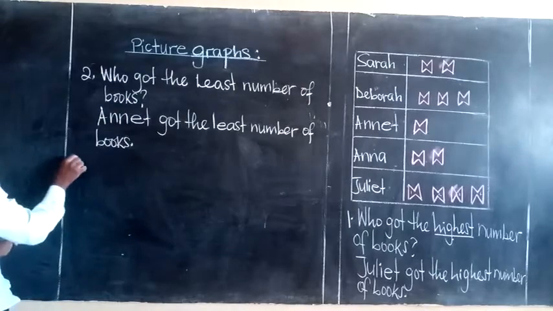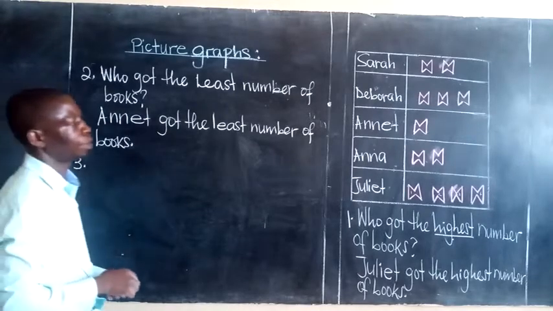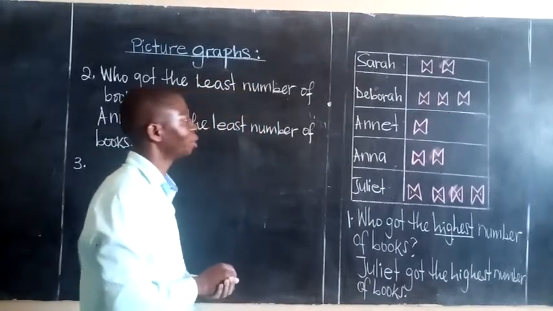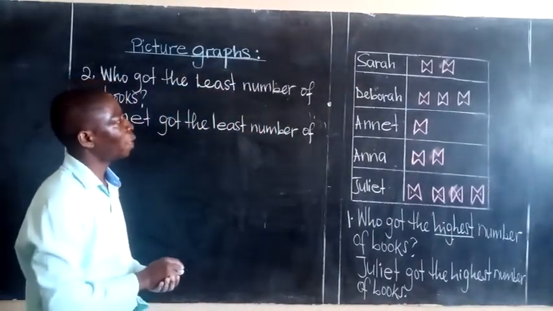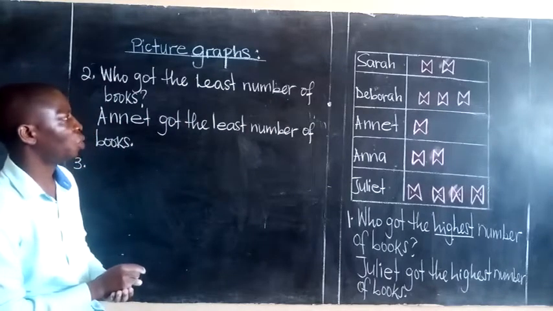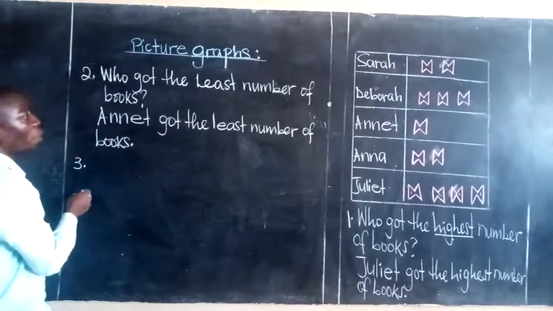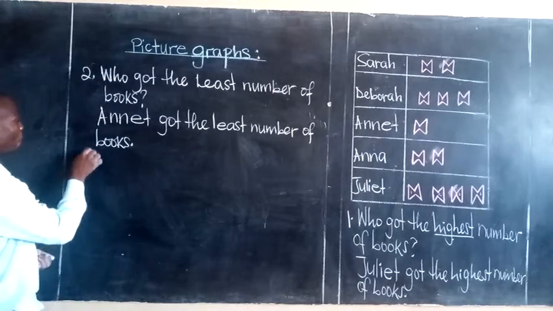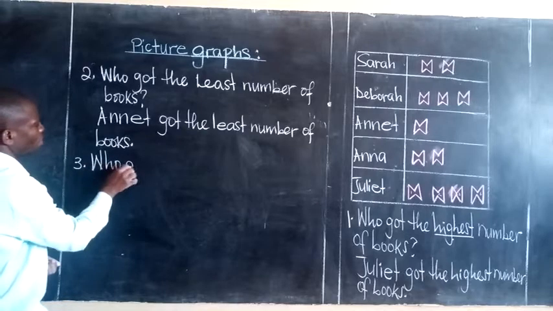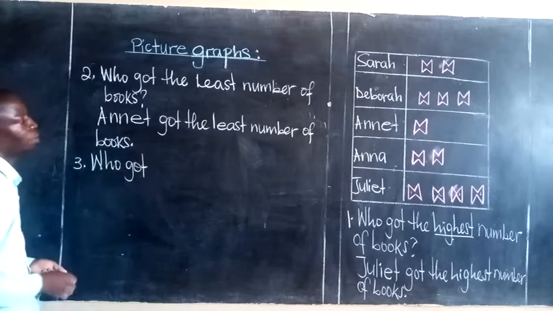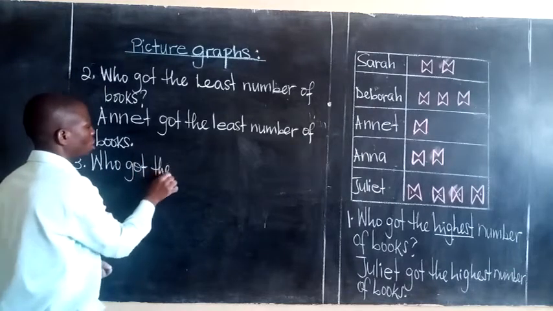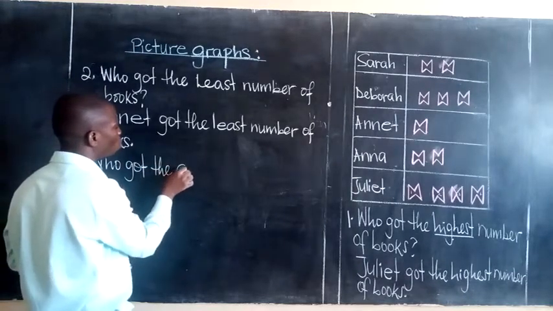That is there. Then 3. We can raise another question from there. We can say that who got the same number of books or the equal number of books?